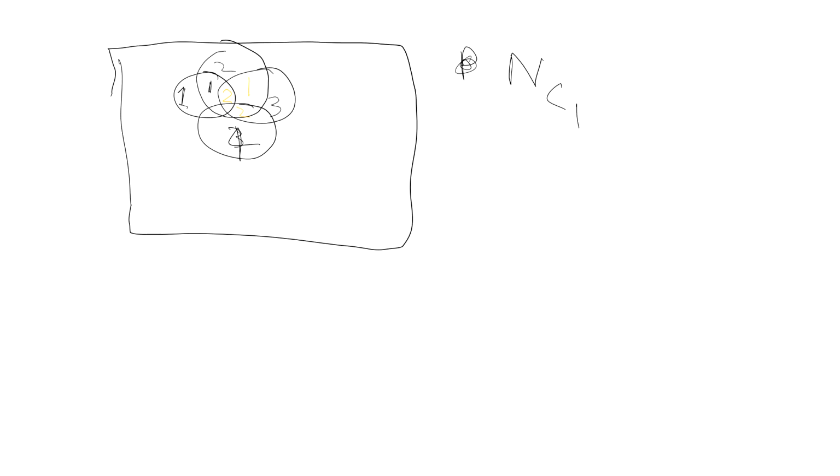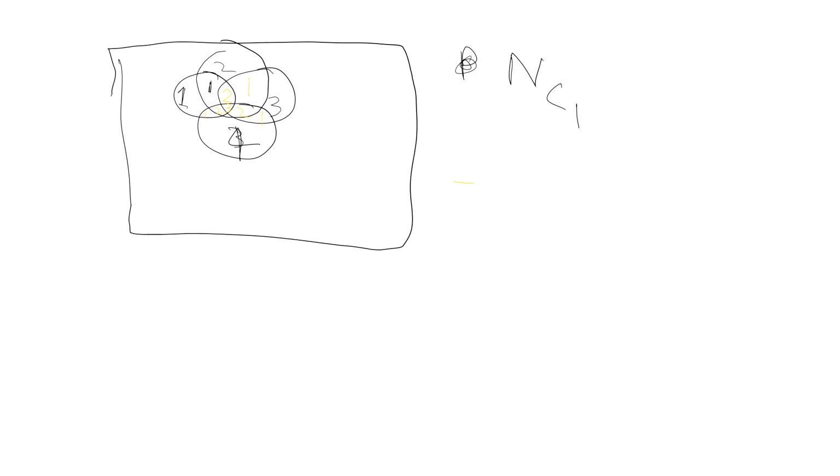Then this part has been added once more, then this part like 1, 2, 3. So this is twice more, this is once more, and this part is 3 times more. So ultimately we have to remove them.